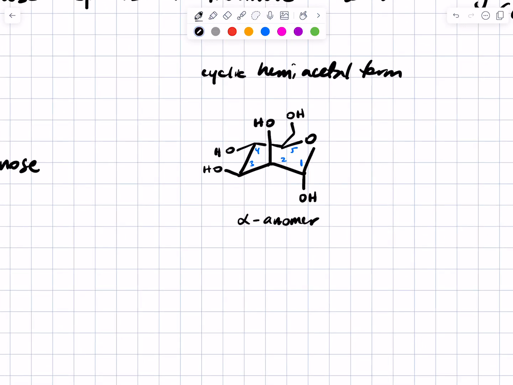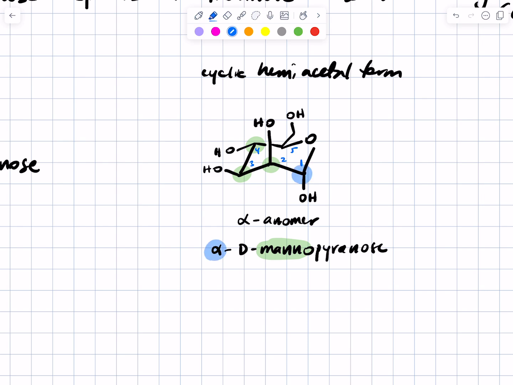So we would call this molecule alpha D mannopyranose. The pyranose would tell us it's a 6-membered ring. The manno would tell us what the configuration is at C2, C3, and C4.